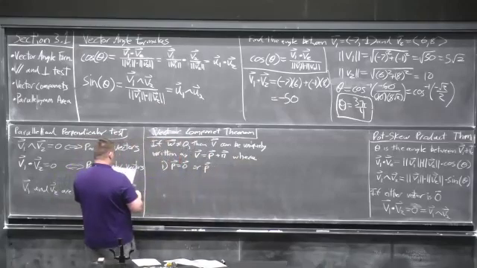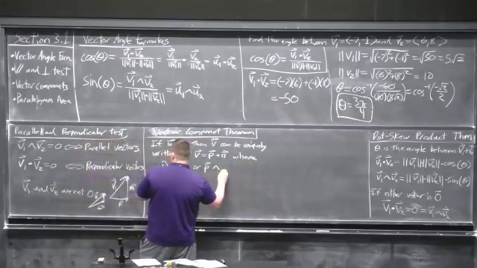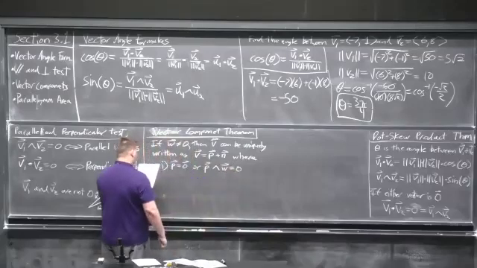So instead of saying it's parallel, I'm going to put skew product with W is equal to 0.